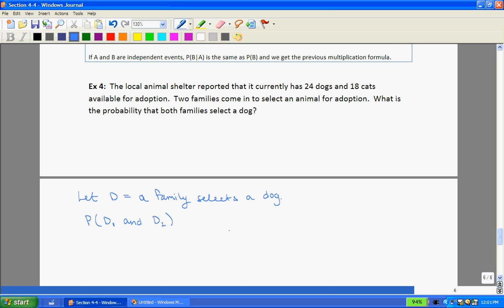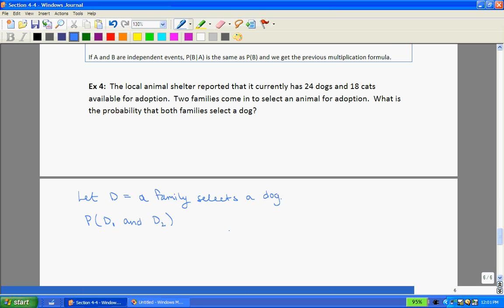But what I have to ask myself is, is the selection of a dog from the first family independent of the selection of a dog for the second family? Well, they are dependent, because if there's one cute dog that all the kids fall in love with, if the first family takes it, well, now the second family has to make a different choice.